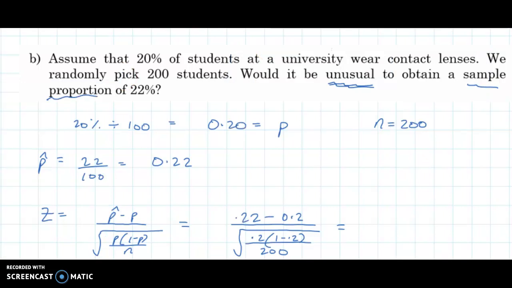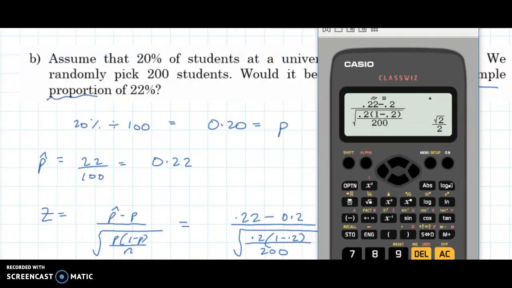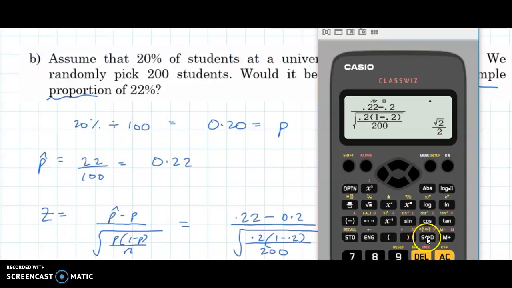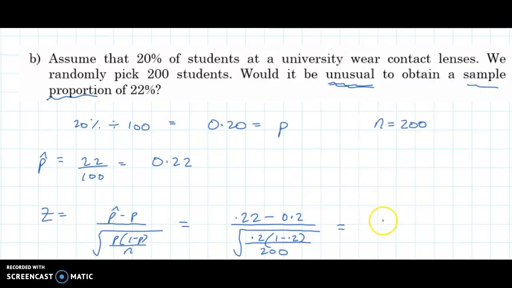Then I press equals, and then the SD key, and I get 0.707. To 2 decimal places, that's 0.71. So our Z score is 0.71.